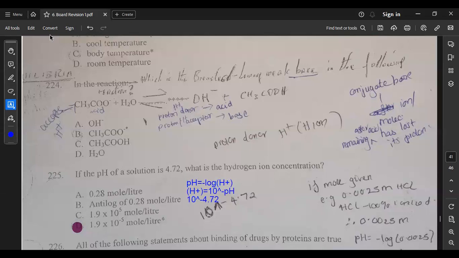So what will be the answer for question 224? Do we all agree it's B? Yes. Okay.